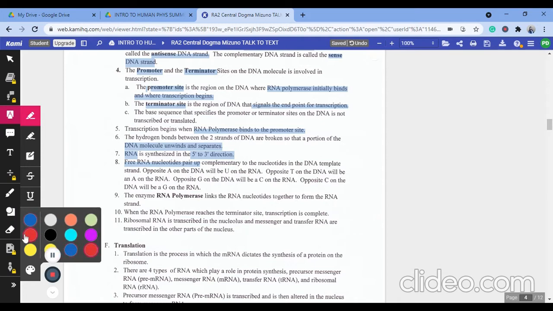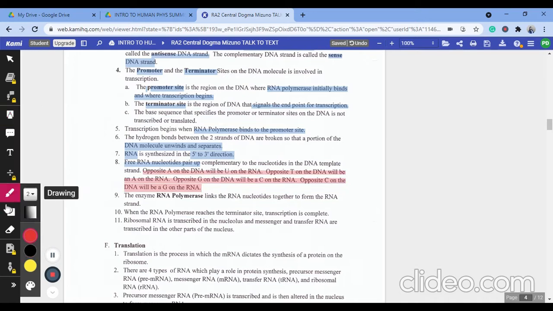Okay, let's just stop right here, and I think I need to highlight this whole section because that is pretty confusing to understand at first.